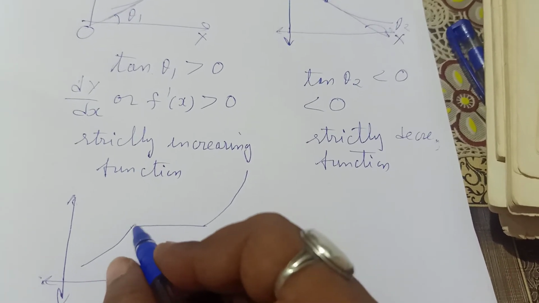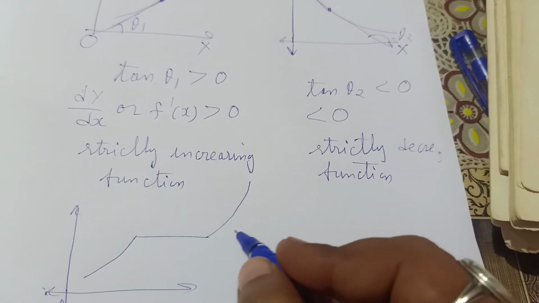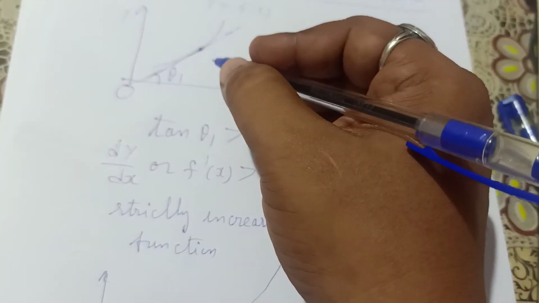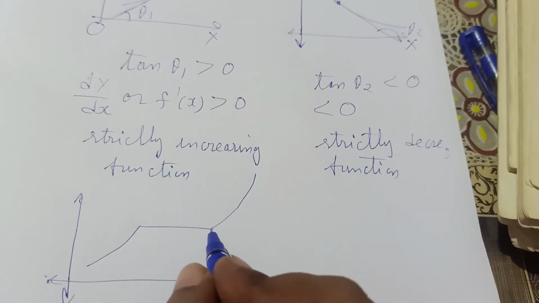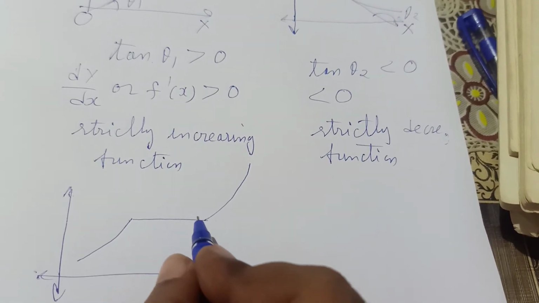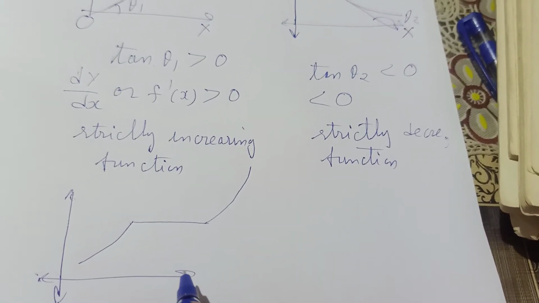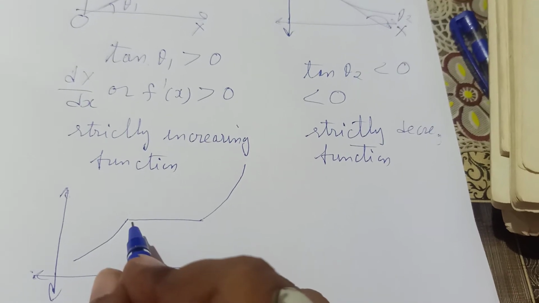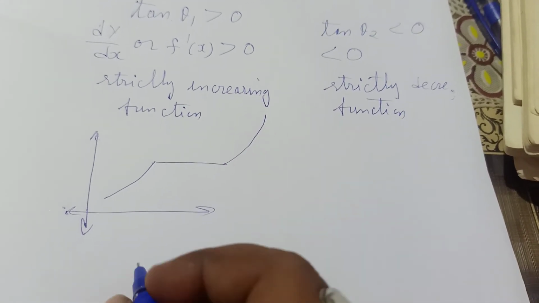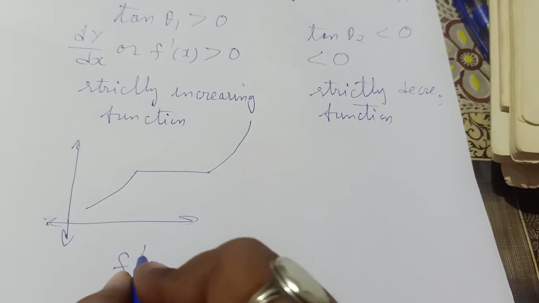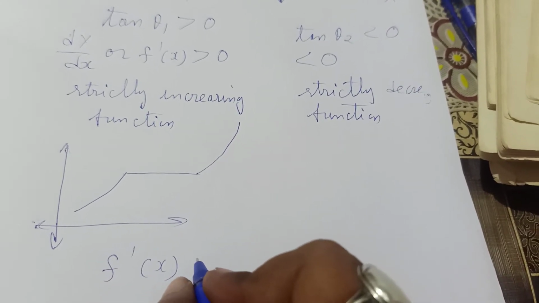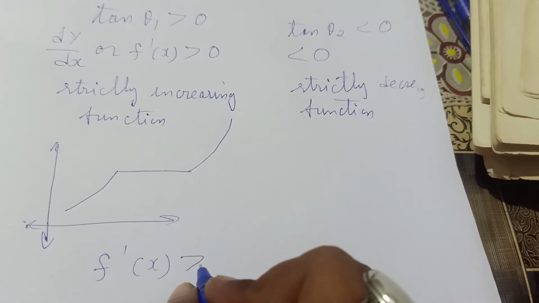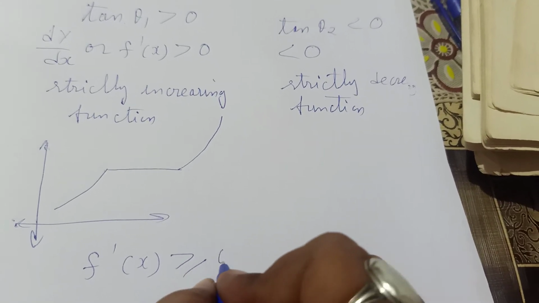In this part and in this part, f dash will be greater than 0, but in the parallel part the tangent will be parallel to the x-axis, so the slope of the tangent will be 0. So here f dash x may be 0 or greater than 0. So we can write it as f dash x greater than or equal to 0.